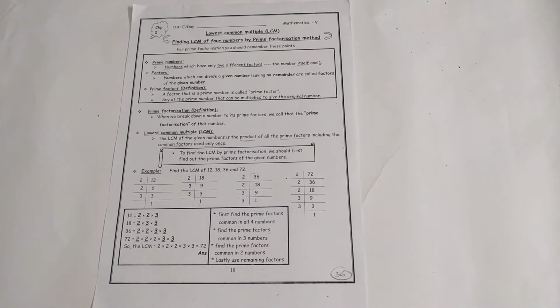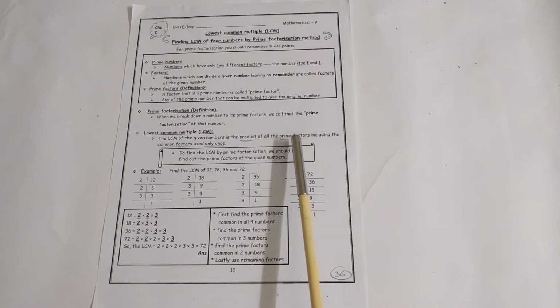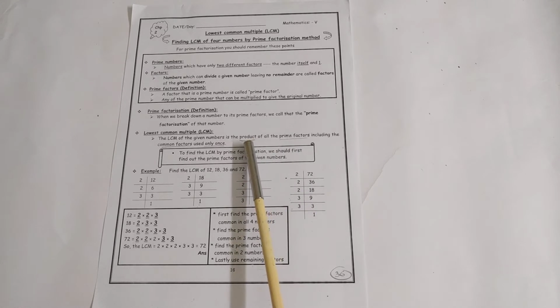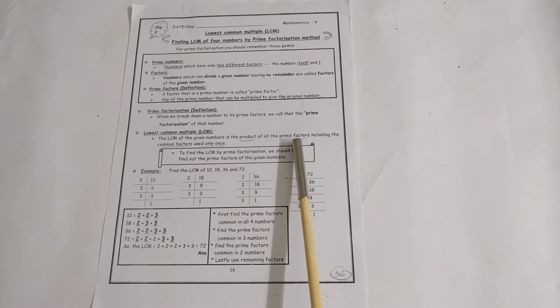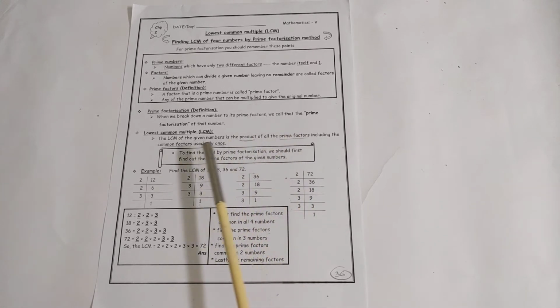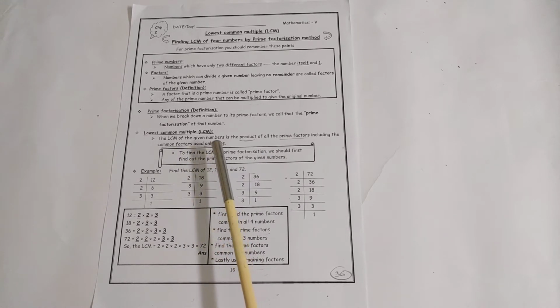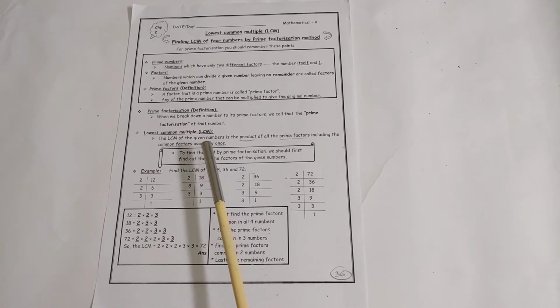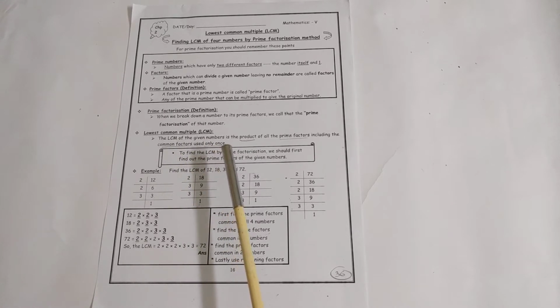Got it? It means when you find the prime factors of the given numbers, after getting the prime factors you will find the product of those prime factors including the common factors, but those common factors are used only once. We will use the common factors of the given numbers only one time, because those common factors may be repeated in all four given numbers.